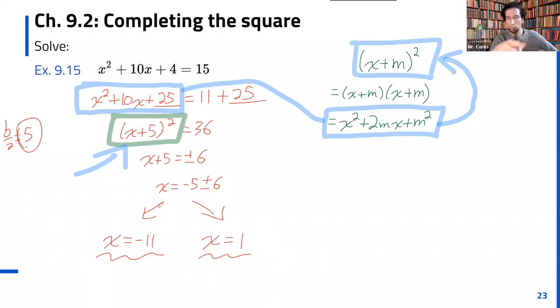If I gave you x plus 5 squared, we could just do the multiplication and realize that it's x squared plus 10x plus 25. But we've done that a bunch of times. We recognize the pattern, so we can also recognize it in reverse and use that. So that's what we used.